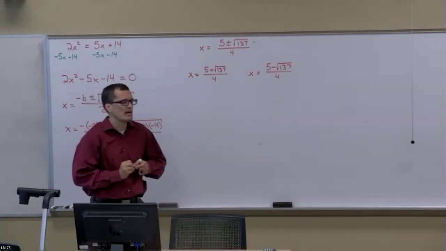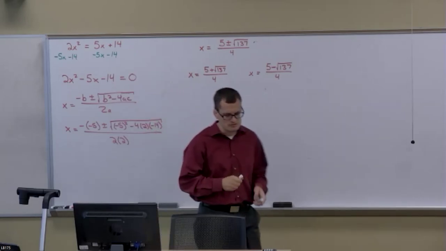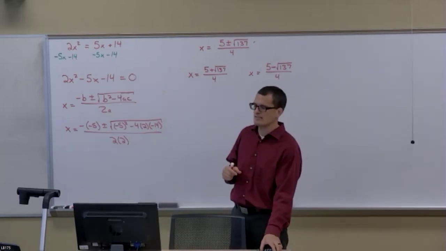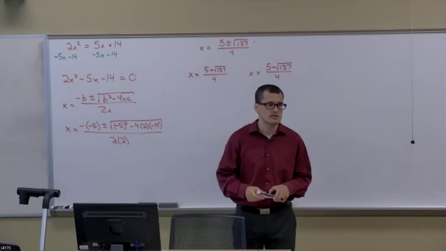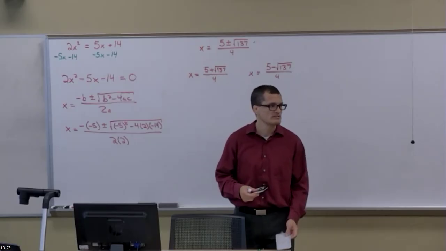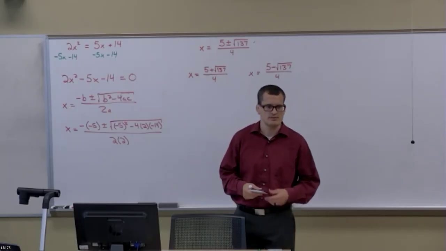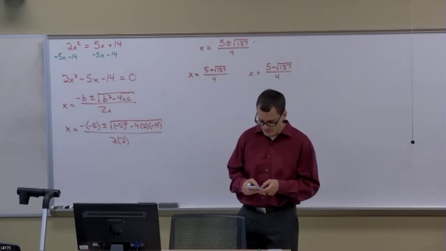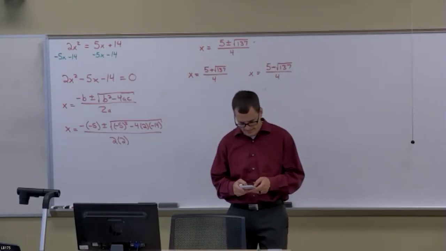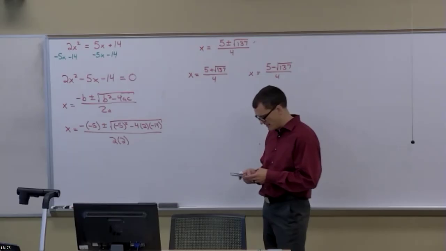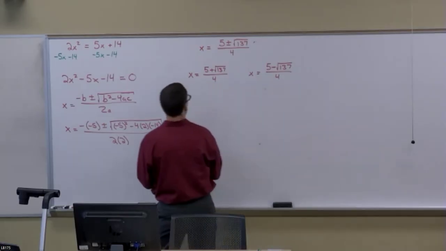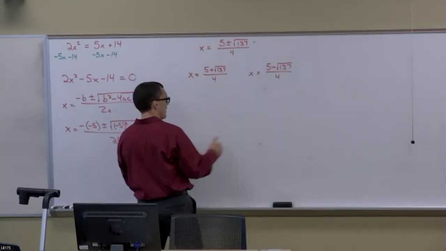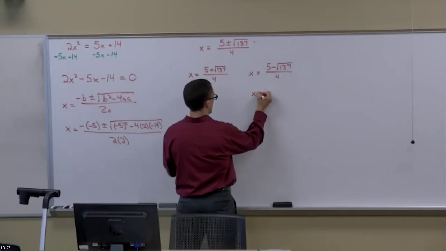A lot of times Moodle may ask you for your answer as a decimal rounded to a couple of decimal places. That's what it's likely going to do. And so that's what you would do. You take 5 minus the square root of 137, divide that by 4. That's the right-hand one. Sorry, I wrote that over here.